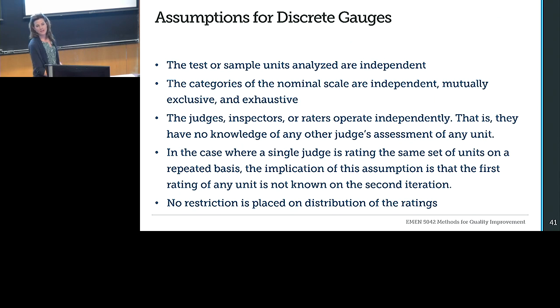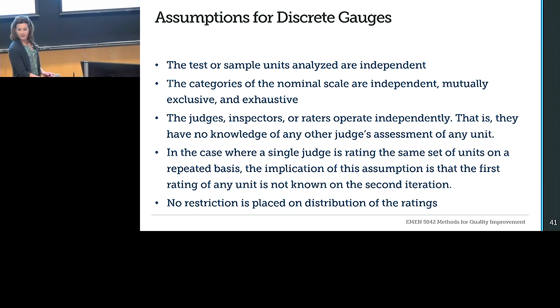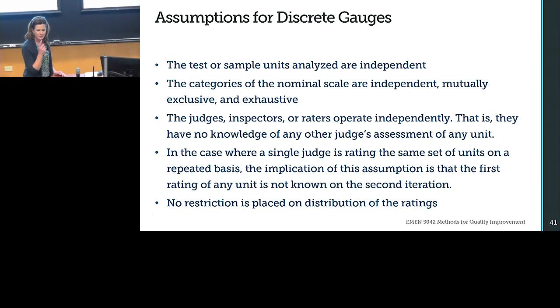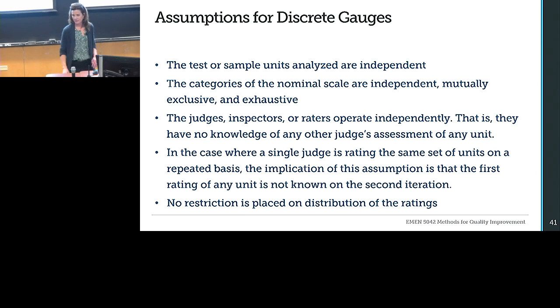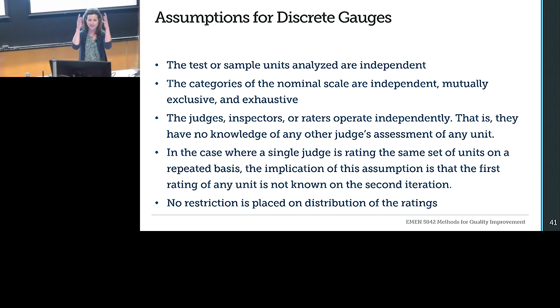But if I see that Josh rated that one a good one, maybe Lavi would be like, wait a minute, if he said that was good, and I know he's a good operator, I better put down that that's a good one too. She might think that subconsciously, not explicitly, but it might be tacit, and we want to make sure that that is really her assessment, right? So in the case where a single judge is rating the same set of units on a repeated basis, the implication of this assumption is that the first rating of any unit is not known on the second iteration.